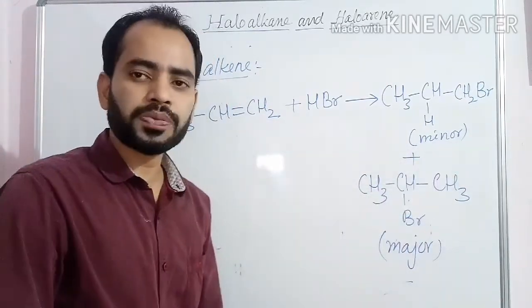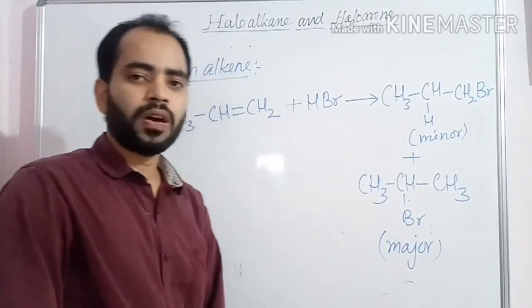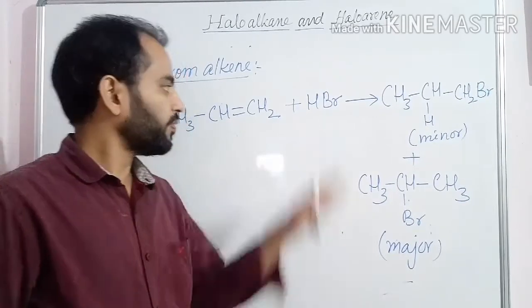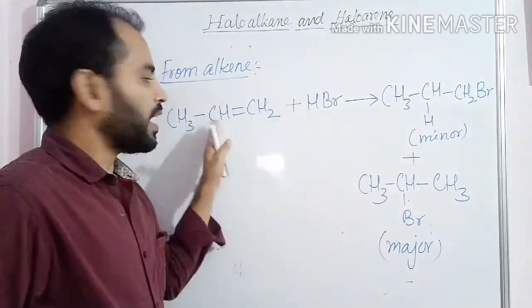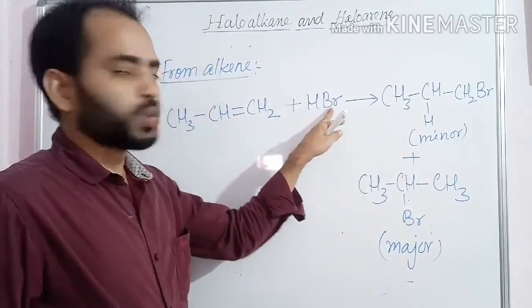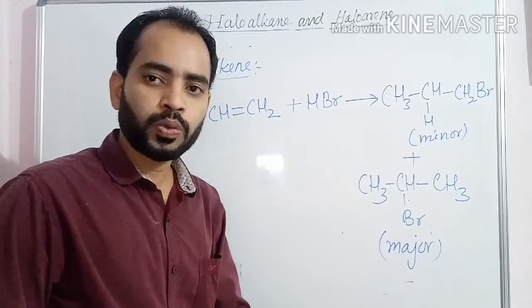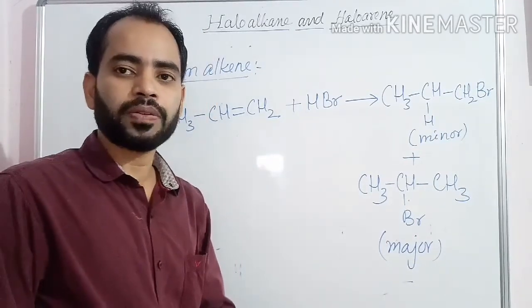What is Markovnikov's rule? Markovnikov's rule says, in case of addition of HBr or HCl to an unsymmetrical alkene, the negative part goes to that carbon which leads to the formation of the more substituted compound.